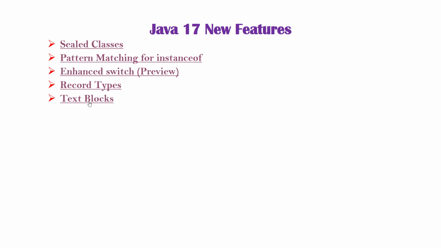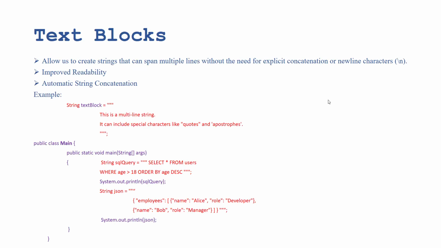There is a text block as well. You know that in Java, if we want to create a multi-line string, we need to concatenate with the plus operation and add double quotes and all these things. This is a kind of overhead. Now, with this syntax, we can add multi-line text.